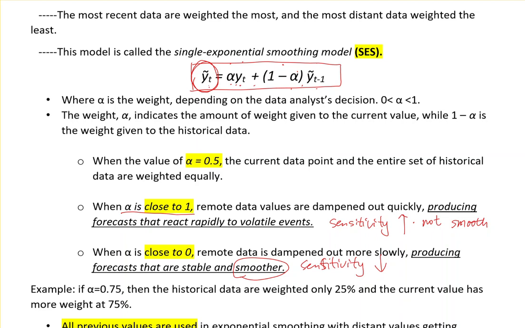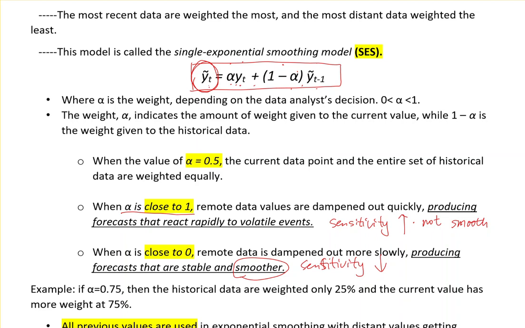The previous values are important. Then it will not be very sensitive to the big change, the rapid change of the current value, right? So it will not be that sensitive, but the line will be smoother.